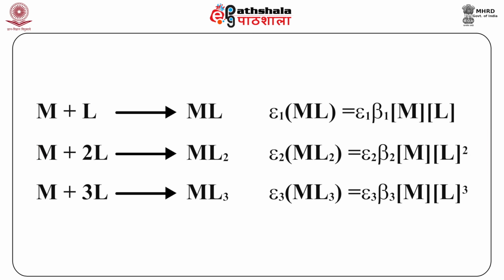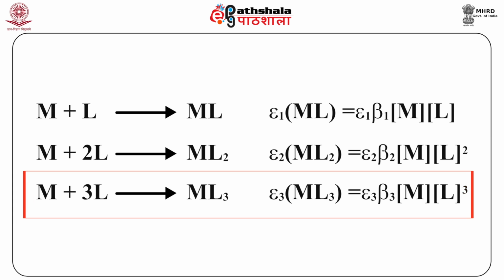Similarly, applying the same concept for the type of complex where metal M reacts with 3 moles of ligand to form ML3, epsilon 3 is equal to epsilon 3 beta 3 metal M concentration and ligand L concentration raised to the power 3. Each complex will have a separate molar extinction coefficient epsilon.